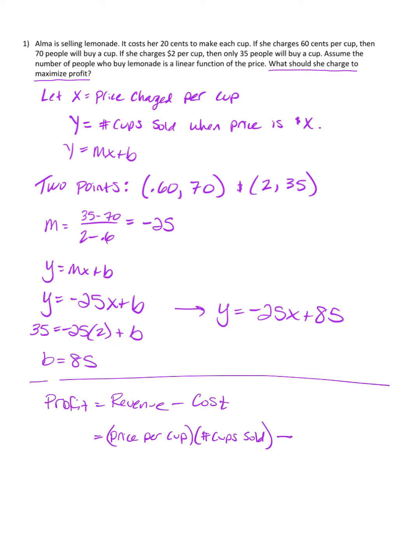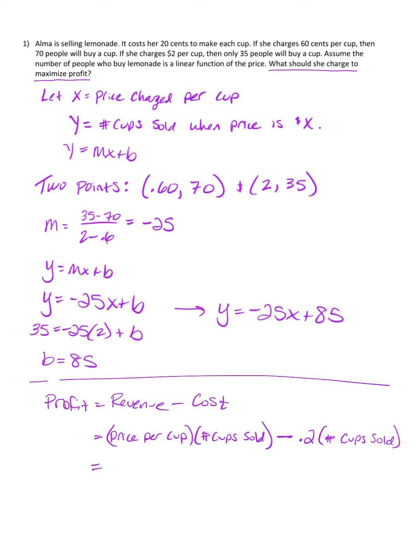In this case, they told us it costs us 20 cents to make each cup of lemonade. So it costs us 20 cents for each cup sold. So we do 20 cents times the number of cups sold. And then I'm going to replace these with the variables that represent price per cup and number of cups sold.